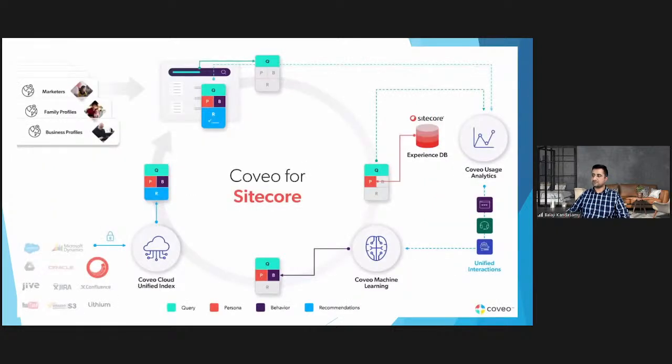This is just a quick overview of the platform. I'll start with this unified index, which you can see on the left. There are a lot of sources like Salesforce, Dynamics CRM, Oracle, Sitecore. A lot of other things can be combined as a unified index, and that data is directly being processed.